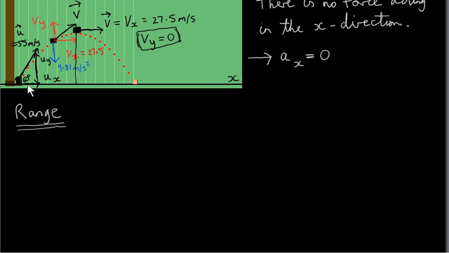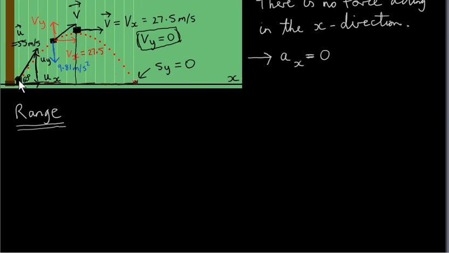Another natural question to ask is, what is the range of the particle? So, what's this distance here? The horizontal distance from the launching pad to the point where the particle strikes the ground. Well, we notice that when the particle strikes the ground, its height, Sy, is 0.